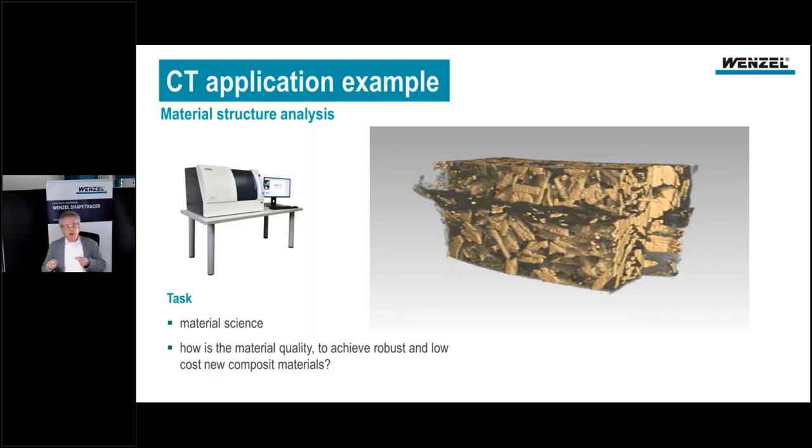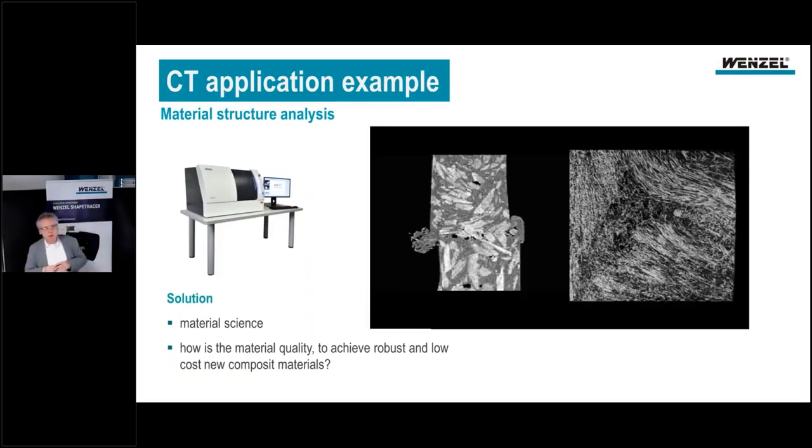in material science, we can check the quality of the material. Is it as it should be, robust? Do the materials need to be fabricated more and more at low cost? These are questions that material science has. Then we can scan parts, and when we look into the parts, we can study their inner structure.